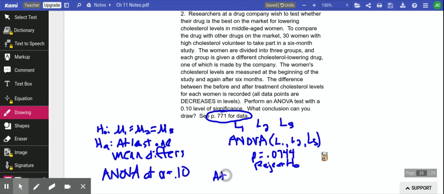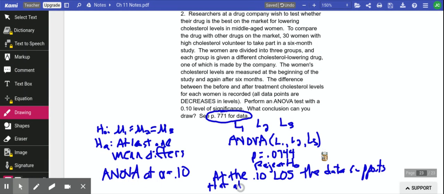So the way we interpret this is we're going to say at the 0.01 level of significance, I'm going to abbreviate that, the data supports that at least one drug, or at least one group, had a different mean cholesterol decrease.